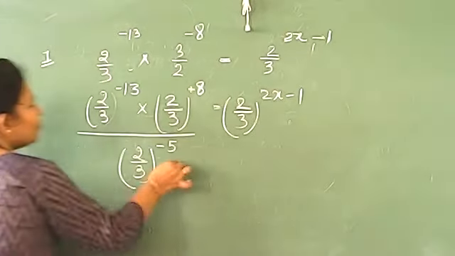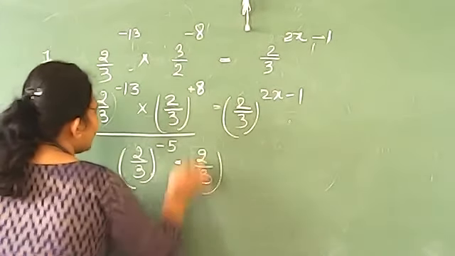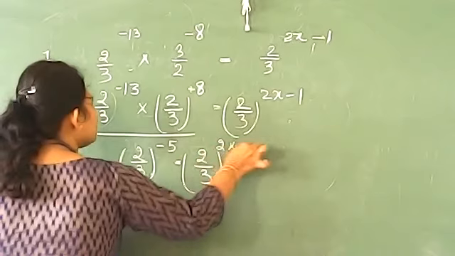Now it is equal to 2 by 3 to the power 2x minus 1.